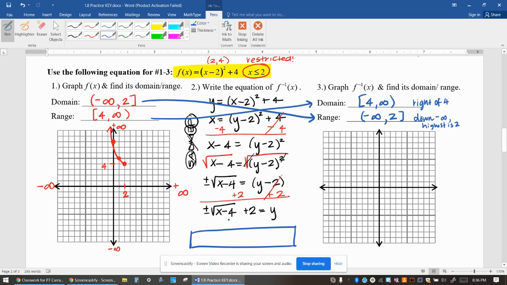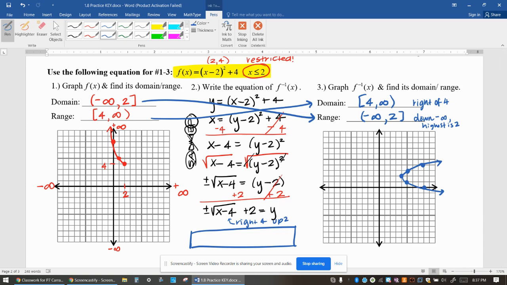So notice that this is right 4, up 2. Would it be right 4, up 2, the one that opens up, or the one that opens down? Which would follow the domain and range that we said it should have?